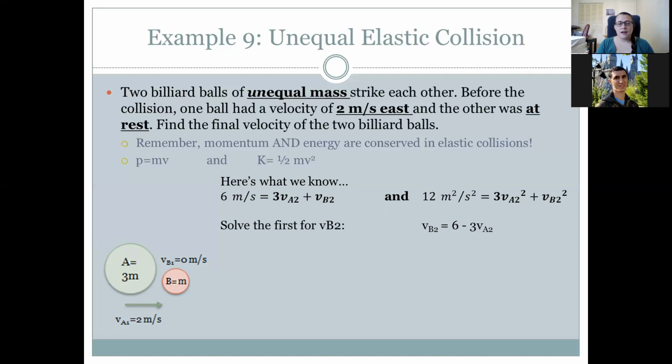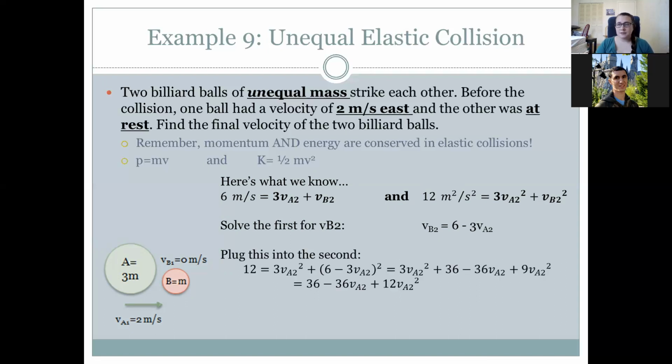So we're going to solve that first equation, the momentum approach equation, for the velocity of B final. And that ends up being 6 minus 3 times our final velocity of A. We'll take that result and plug it into our energy approach equation.